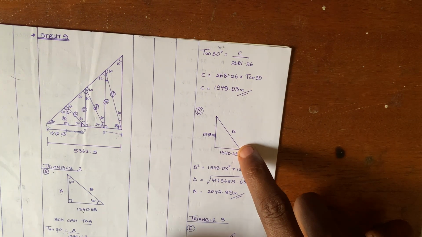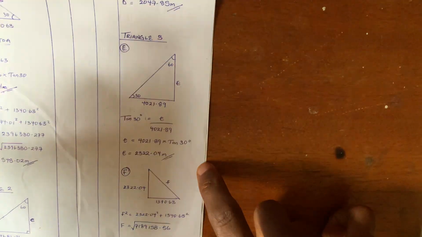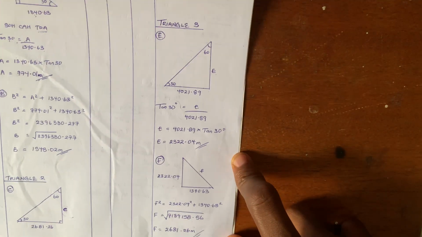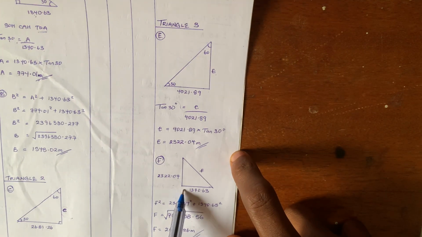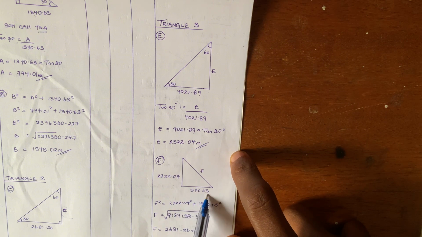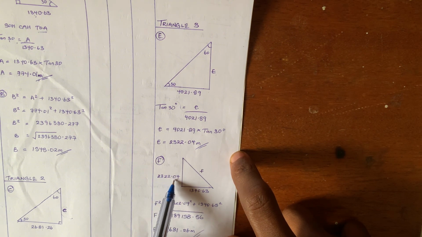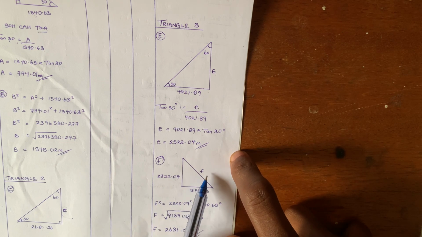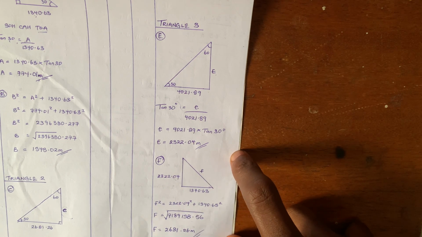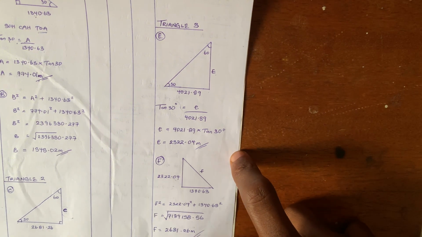So we can now define the triangle: the adjacent 1340.63, the opposite 2322.04, which is E. Then we can find our hypotenuse F. So we use the same thing, Pythagoras theorem.